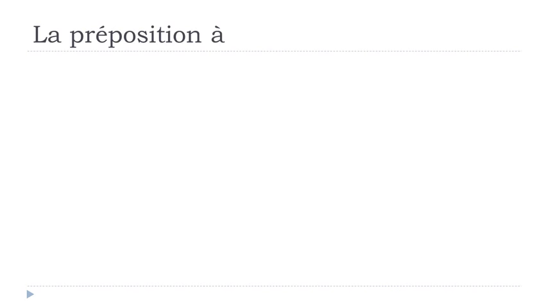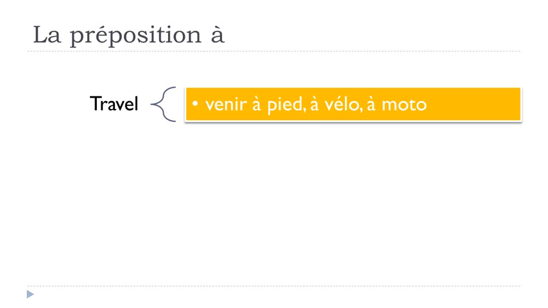All right. Second use, when you want to use this travel concept, so venir is to come, okay. So if you want to say to come by something, okay, here it's pied, foot, vélo, and then moto, motorbike, okay?